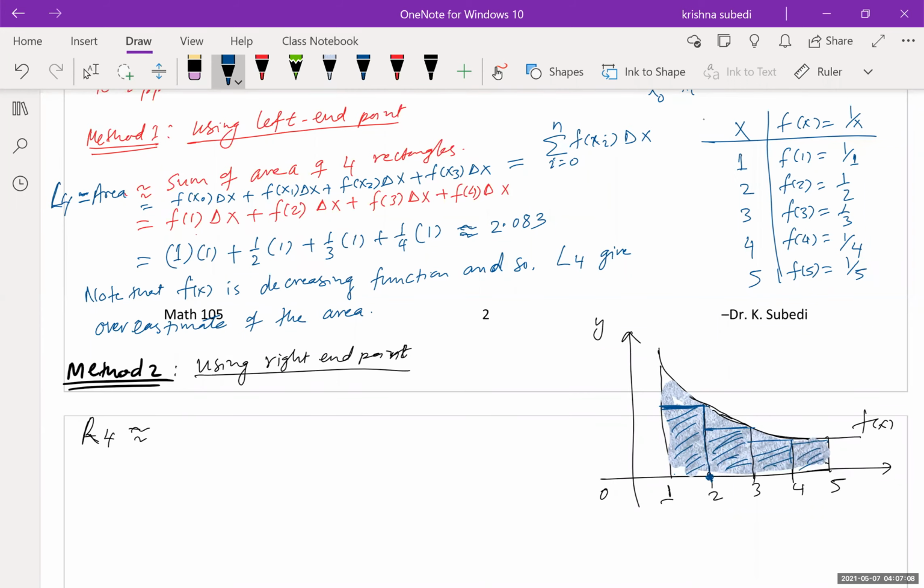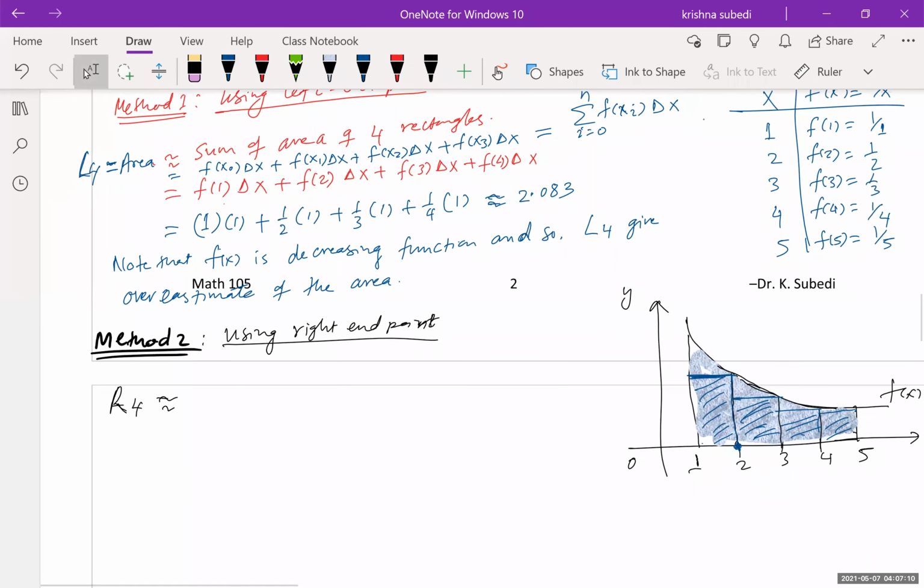So let us calculate the area. Here the height will be f of 2. So f of 2 times delta x plus f of 3 times delta x plus f of 4 times delta x plus f of 5 times delta x. So these are the four rectangles.